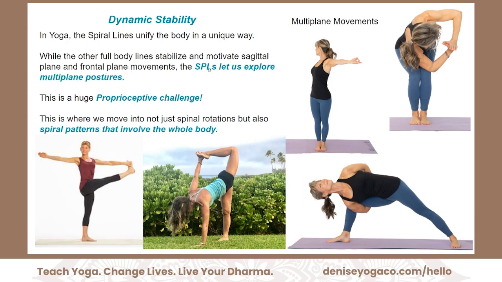Okay, so let's look at these multiplane movements. Multiplane is where you're moving, crossing planes, basically. So this is movement standing on, we'll call that the frontal plane, and then rotation around the transverse plane. So that's already a multiplane action. And here we're bent on the sagittal plane, but rotating through the sagittal plane.